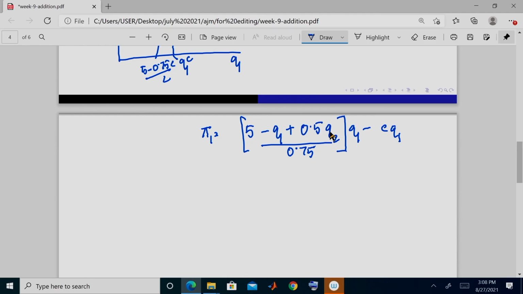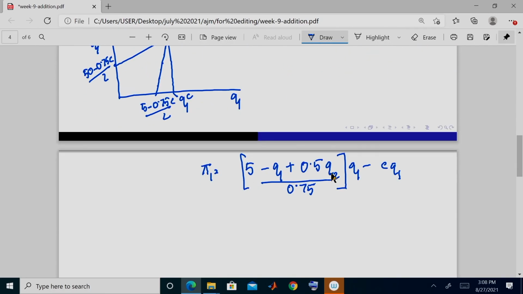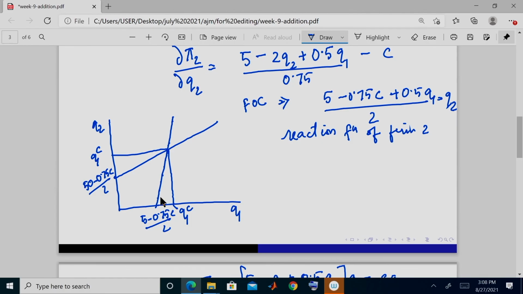Now, if you look at this here, consider this reaction function. If we move in this way, the output of firm 2, Q2, is increasing. If we keep on increasing Q2, keeping Q1 fixed, the profit is increasing. So, profit increases in this direction in the case of firm 1.